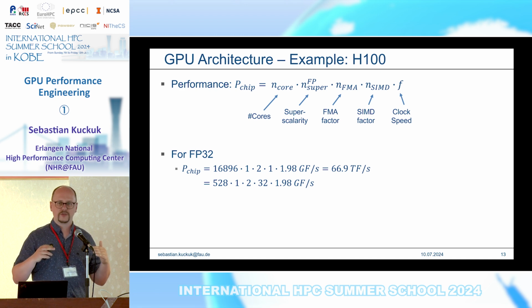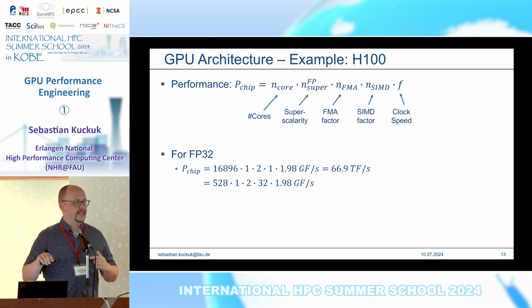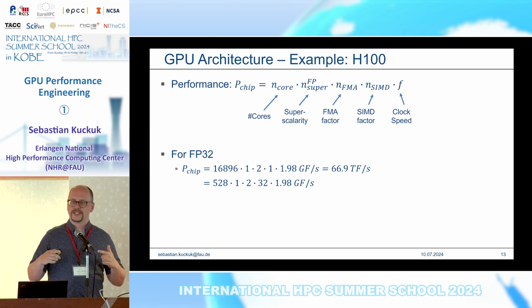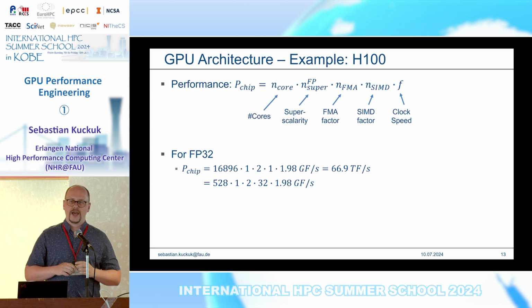If you're coming from the CPU side, this might look familiar: we have these 530 or so subpartitions, and each of them can do 32 operations at the same time. Why is this important? Because the GPU works more or less similarly to a SIMD machine.